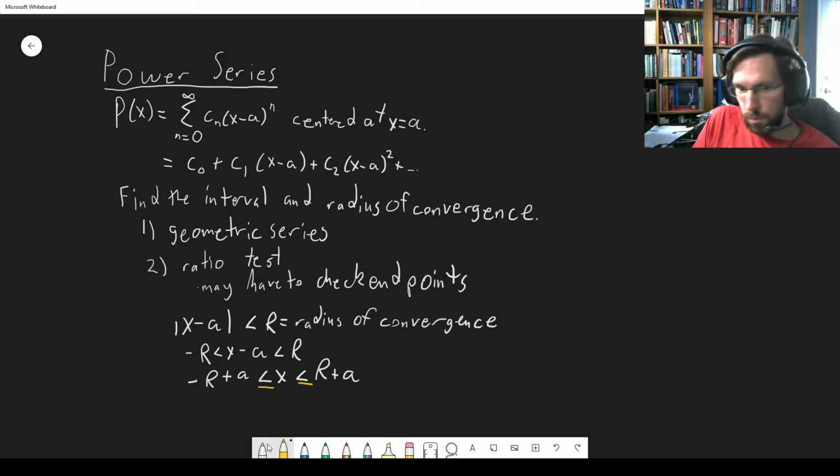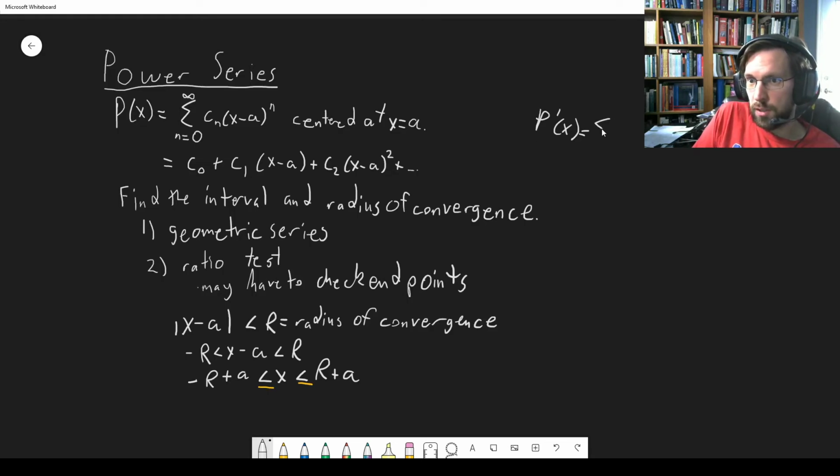One other thing to mention about power series is we can find the power series of the derivative. So p prime of x is just going to be the term by term derivative. So we can take the derivative of this with respect to x.